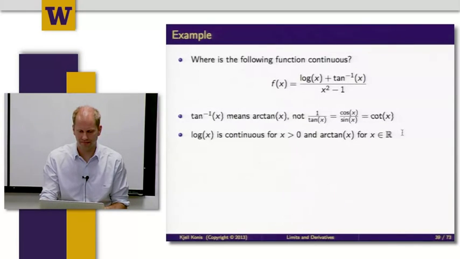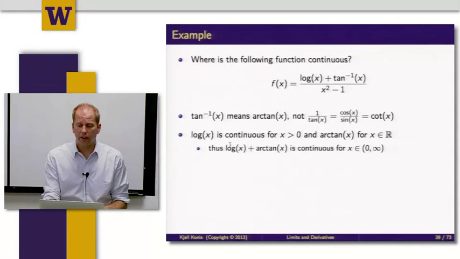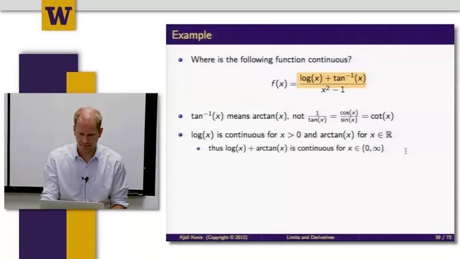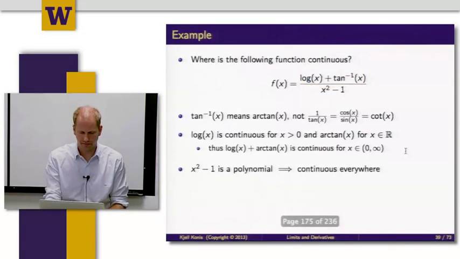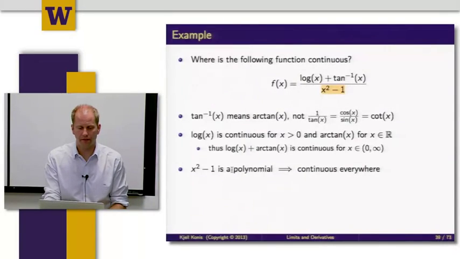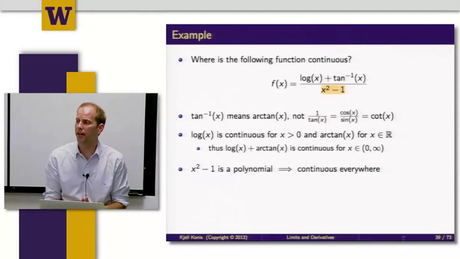So the numerator is going to be continuous for any x in the interval 0 to infinity. Now I'm going to look at the denominator. So x squared minus 1, well, this is a polynomial. We said polynomials were going to be continuous on all of the real numbers, so this is continuous everywhere.